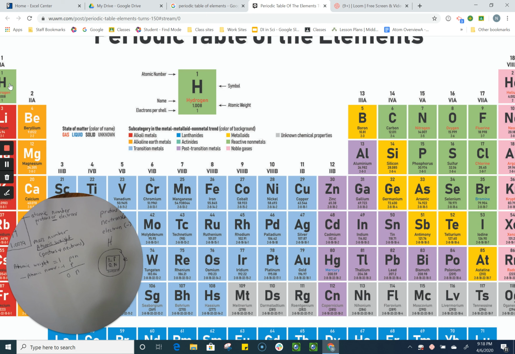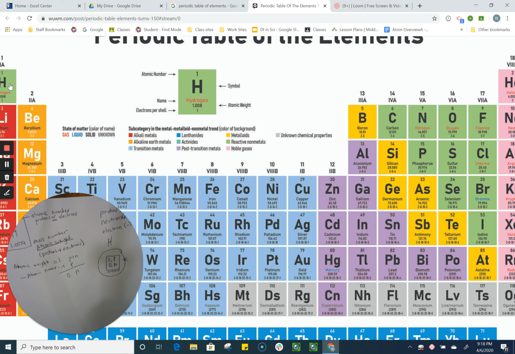Then the atomic weight, which we will round to the next whole number. This is above 5, so this goes to 7.